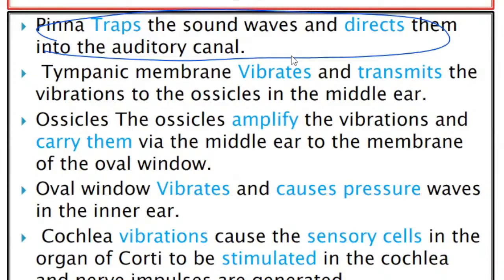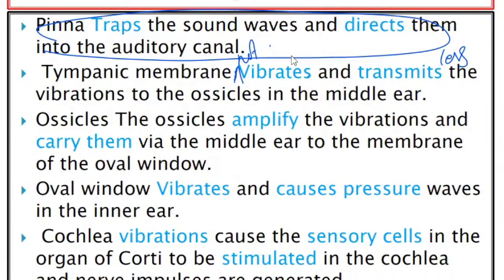The tympanic membrane vibrates. So now you will say that the tympanic membrane will not vibrate and transmit the vibration to the ossicles, meaning that it transmits less vibration to the ossicles. Then the ossicles will not amplify the vibration.